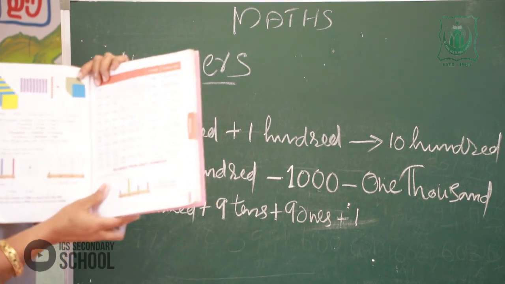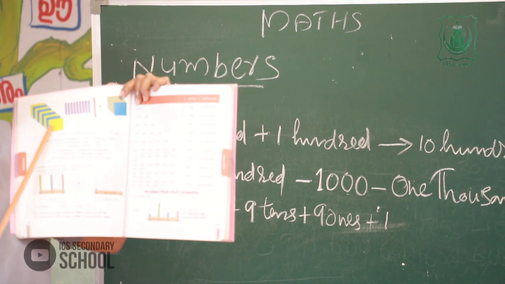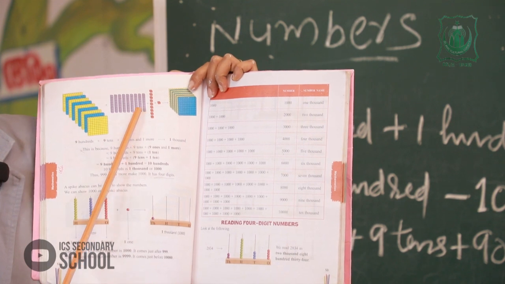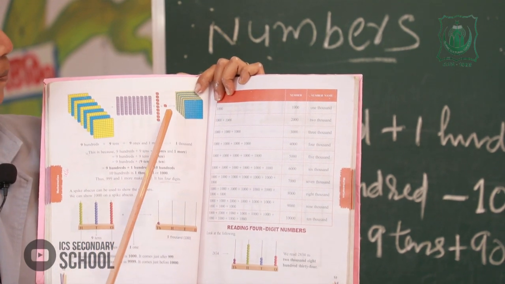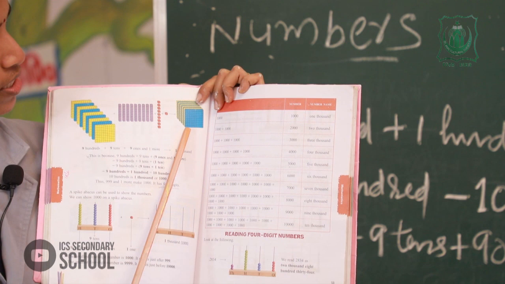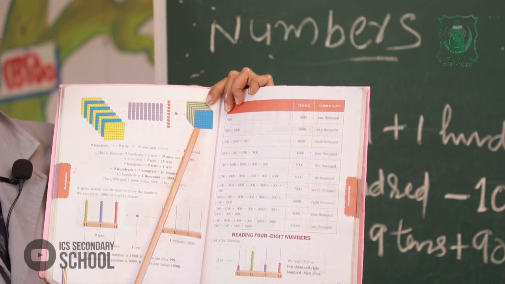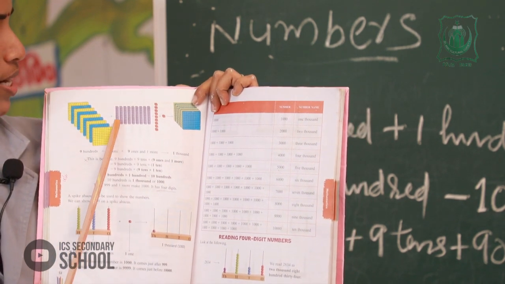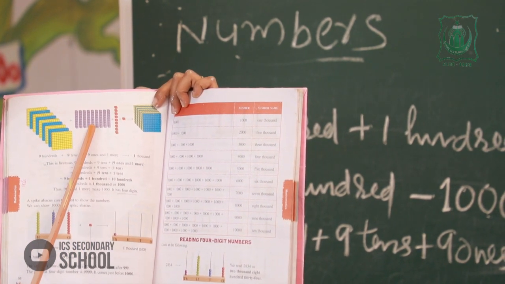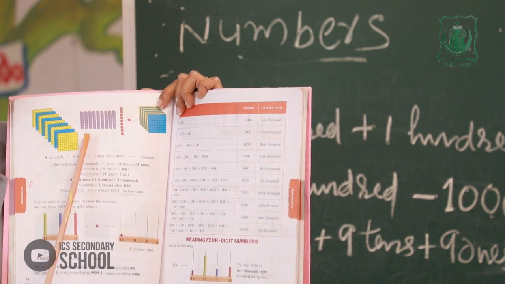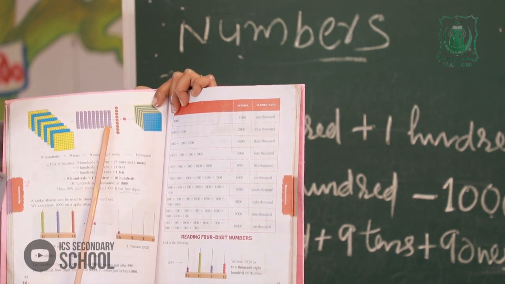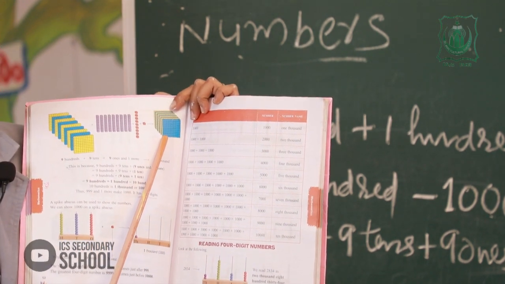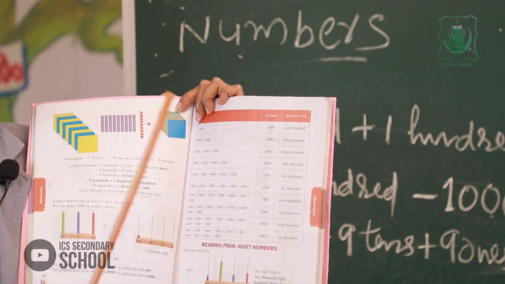Please listen here. 900, 9 tens, 9 ones plus 1. We get 1000.